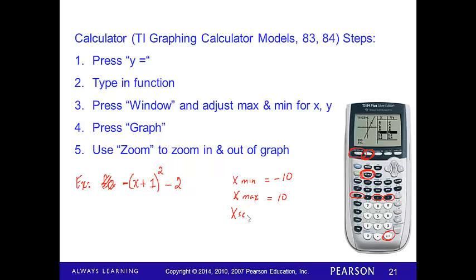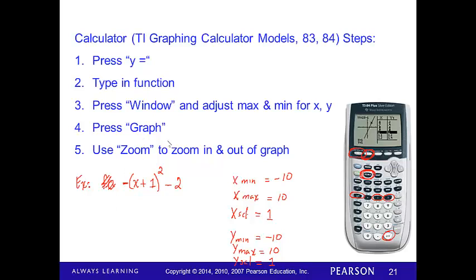The x scale is going to be 1. That's basically how you set your tick marks. Your y min is -10. Your y max is 10. And again, your y scale is 1. Once you have that set up, go ahead and hit graph.